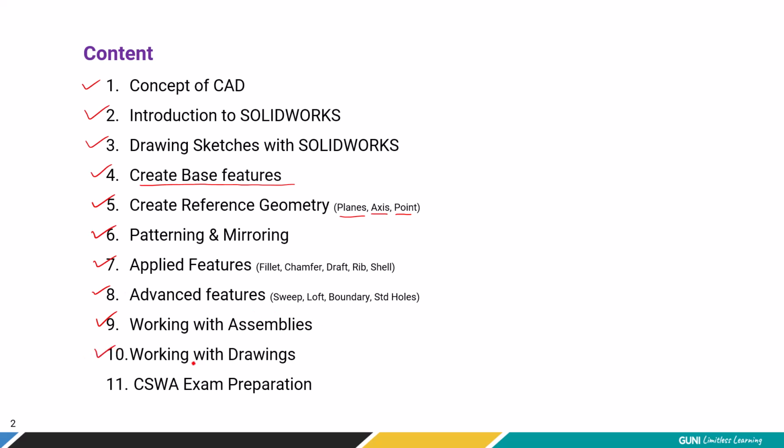And module 10 will discuss how to create 2D drawings after creating these 3D designs of parts as well as assemblies. And the last most important module is CSWA exam preparation. In this, we're going to practice a lot of exercises together. So I recommend that you rigorously follow this module number 11 once you complete modules 1 to 10.